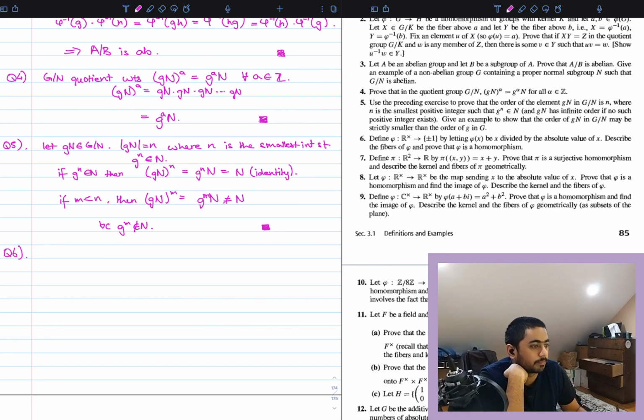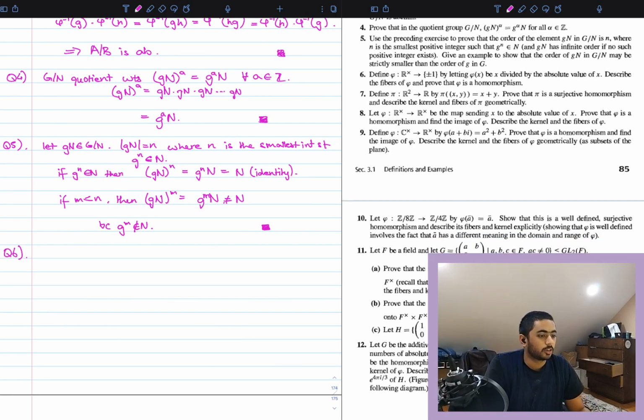Question 6. We're defining a homomorphism from the multiplicative group of real numbers to plus or minus 1. So it's just sending any element to its sign, right?